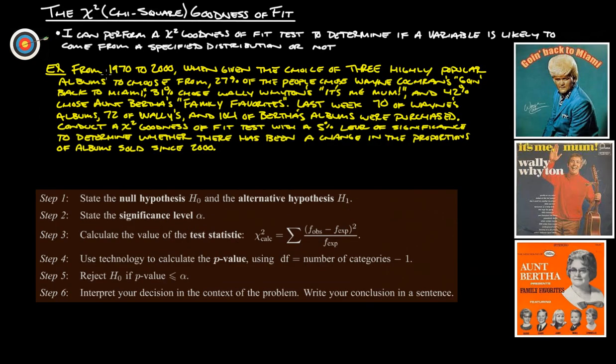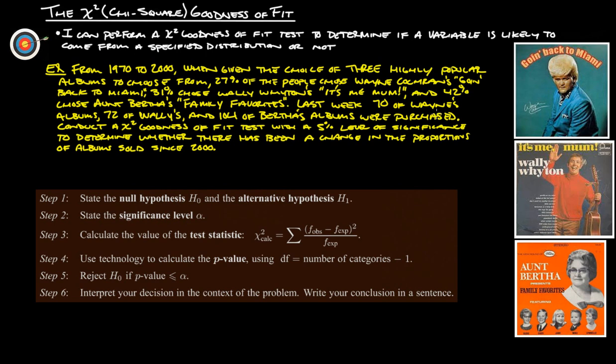Here's our example. From 1970 to 2000, when given the choice of 3 highly popular albums, 27% of the people chose Wayne Cochran's Going Back to Miami. Beautiful hair. 31% chose Wally Whiten's It's Me Mum, and 42% chose Aunt Bertha's Family Favorites.